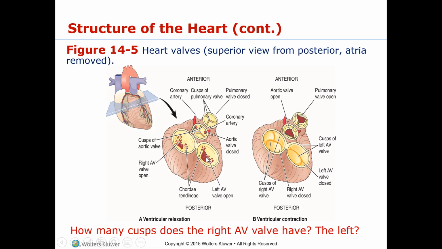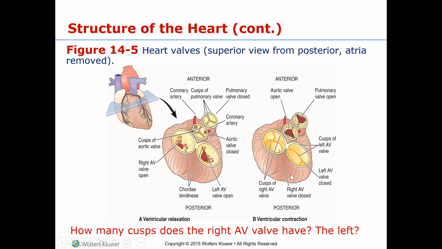There are tiny fibers that are pulling on these valves to open and shut, and that's known as the chordae tendineae. So this is what it looks like when the ventricles, the bottom portion of the heart, are relaxed. So these valves are closed.